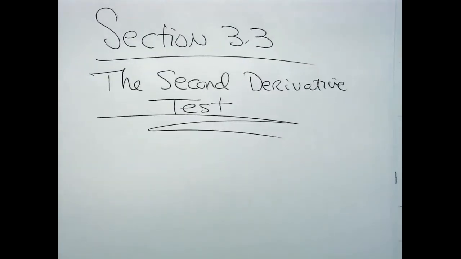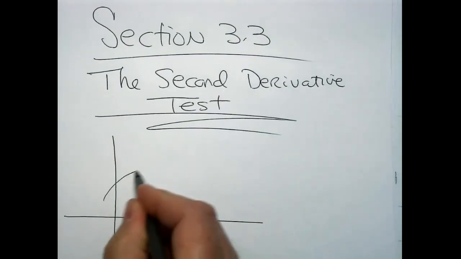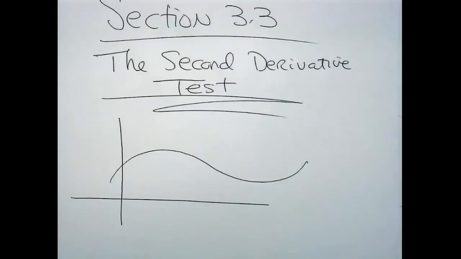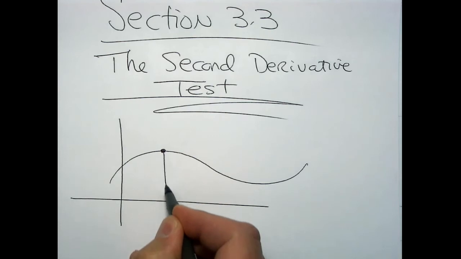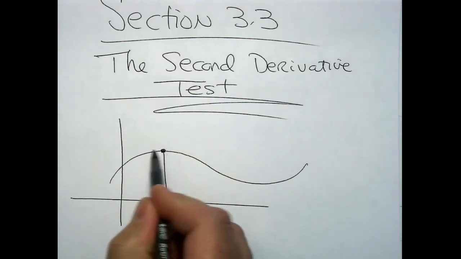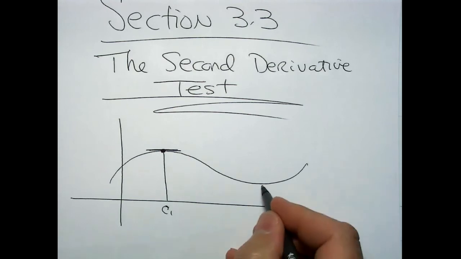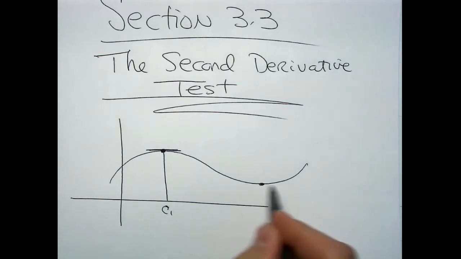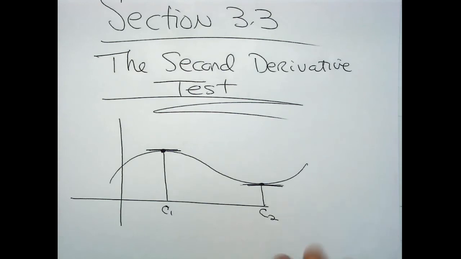So let's take a look at this graph. Now, if you were to investigate the critical numbers, I think you would find these, right? C1 is here because you've got a nice horizontal tangent line there. C2 is here because there's another nice horizontal tangent line there.